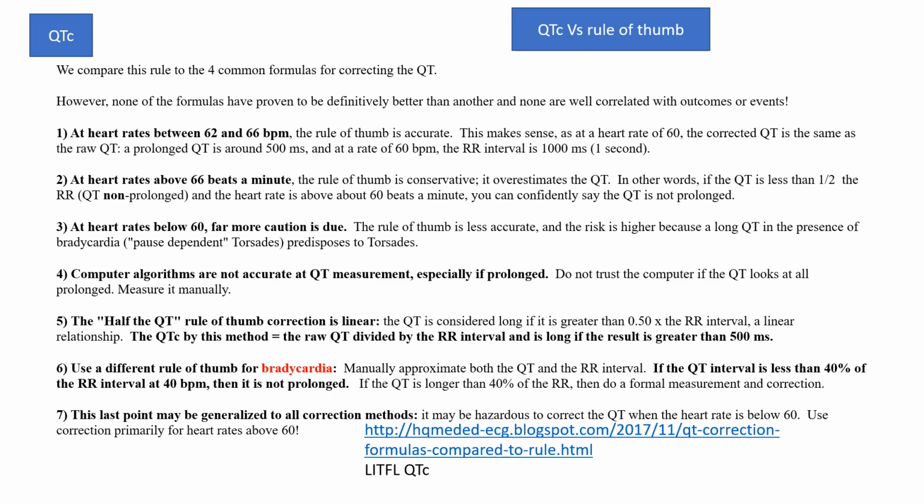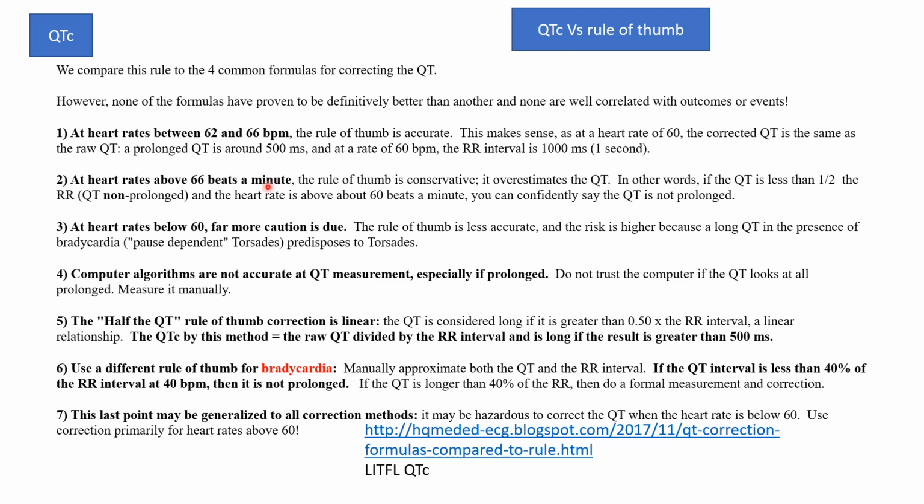But about QTC, he also has this. There's this rule of thumb that says if you take your R to R interval, and then take the middle of it, and your T wave is on the left side of that, then the QTC is normal. There are several articles saying that it's a normal rule that is used quite often, but it's also a rule with problems.